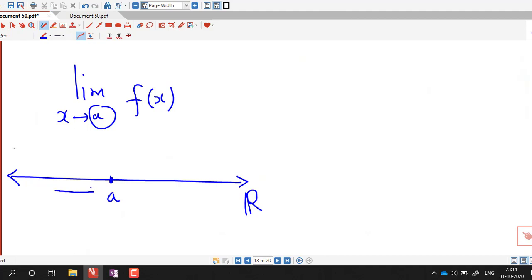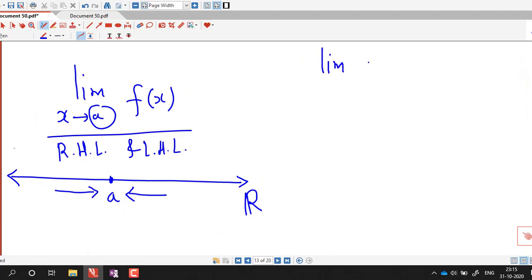Either we can approach this fixed point a from the left hand side, or from the right hand side. If the limit remains the same along both the paths, then we say that this limit exists. That is known as the right hand limit and left hand limit. If these two limits exist and both are equal, then their equal value is nothing but the limit of this function f(x) as x approaches a.